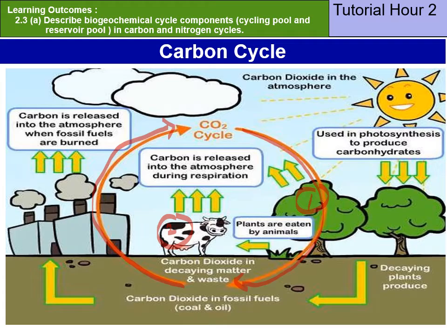And then bila hidupan plant and animal ni mati, so carbon terdapat as organic compound in saprophytic bacteria and fungi, carbon dioxide in decaying matter, waste ni, and also in detritivores. So ini adalah the cycling pools dalam carbon cycle.